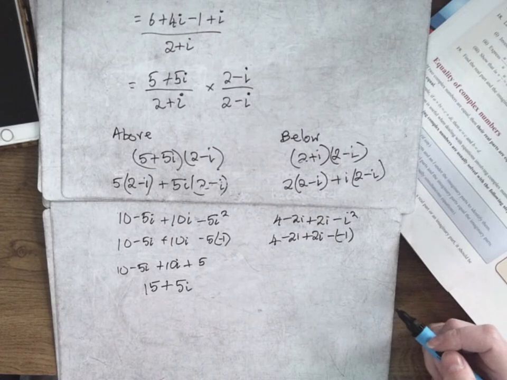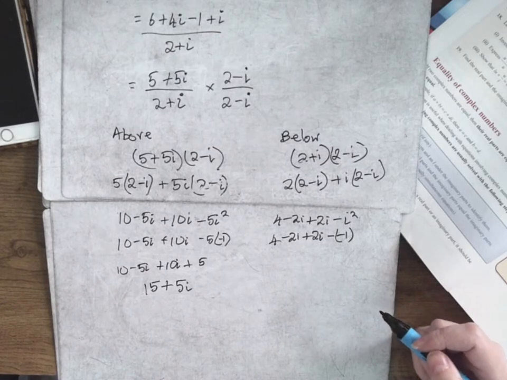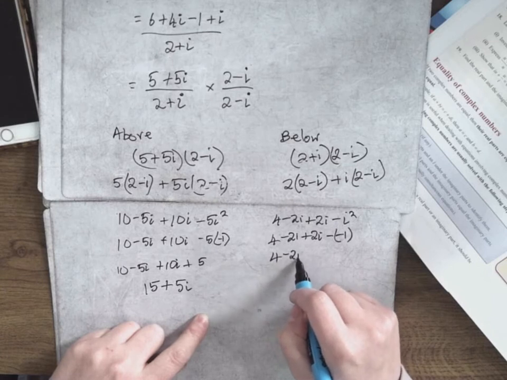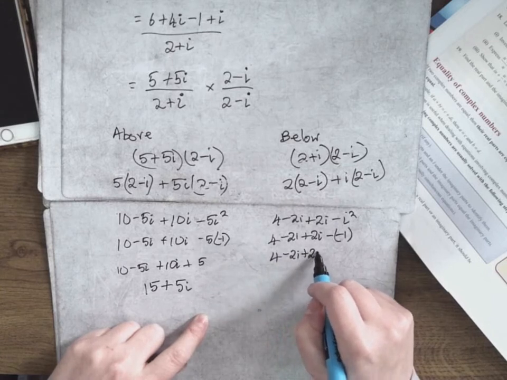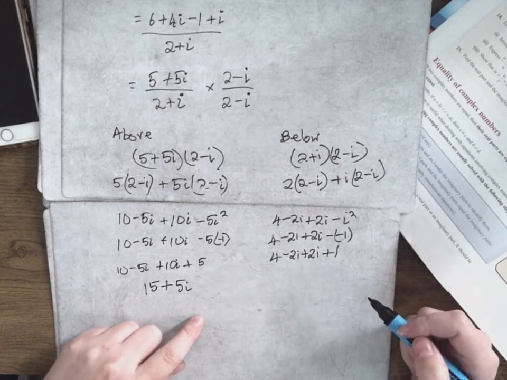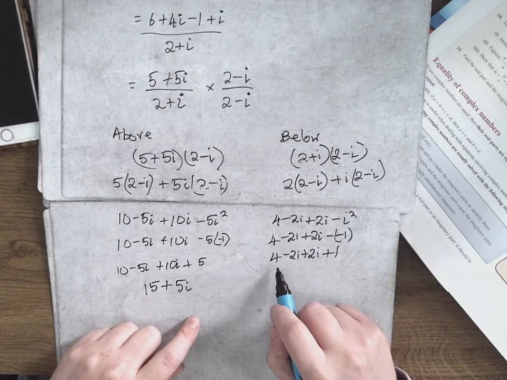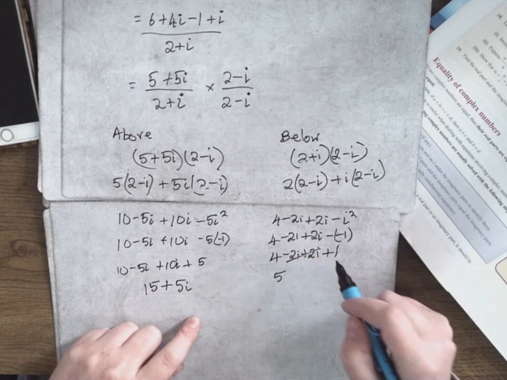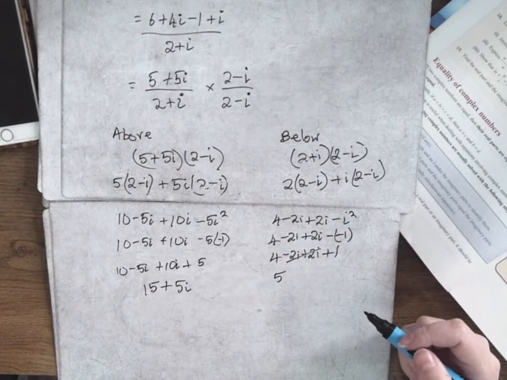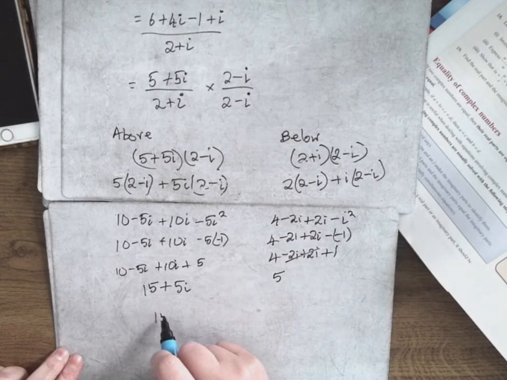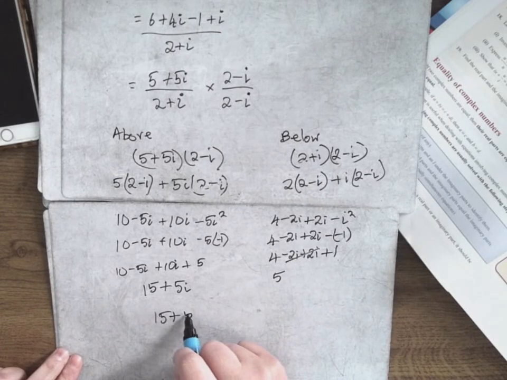Okay, so there's no number in front there to multiply, so you just multiply by a minus sign. So it's 4 minus 2I plus 2I, minus by minus is a plus 1. Then put your real bits together and your imaginary bits together. So 4 plus 1 is 5, and minus 2I plus 2I gives me 0, which is what I wanted to happen. Okay, so then it's 15 plus 5I on top.